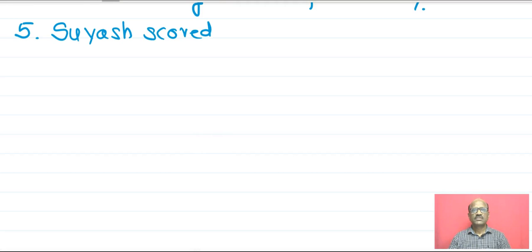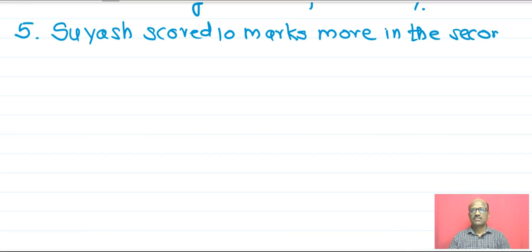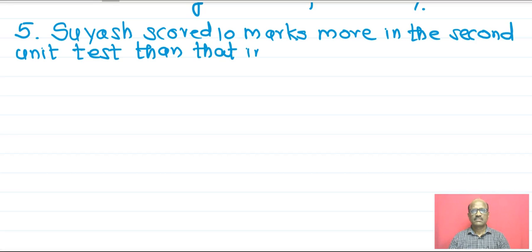Suresh scored 10 marks more in the second unit test than that in the first unit test.